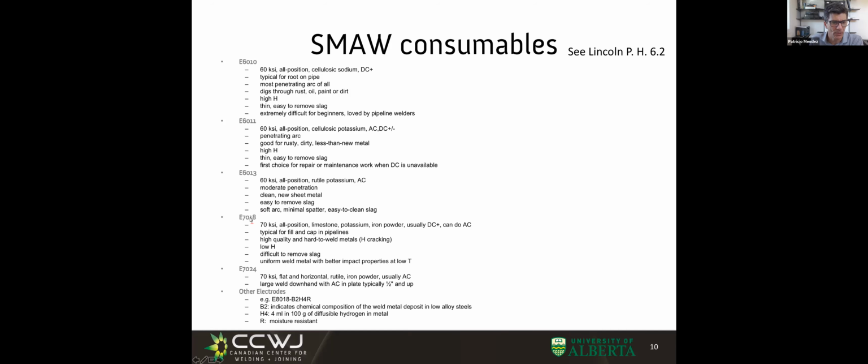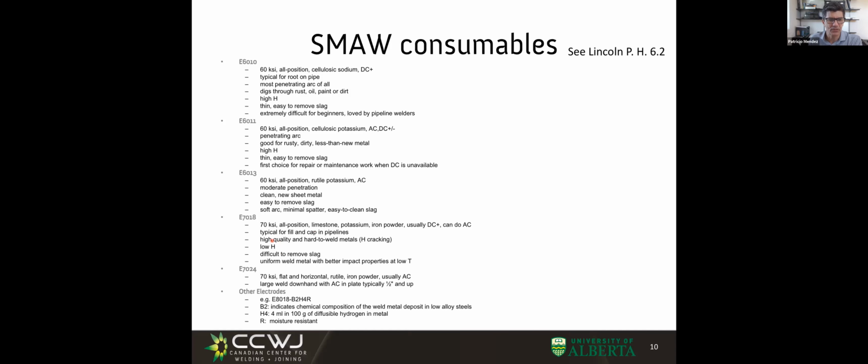7018, I'm jumping one here. 7018 is limestone coating, iron powder, low hydrogen, and runs typically DC, electrode positive, can also do AC, and is what we typically use for the fill and cap in the pipelines.